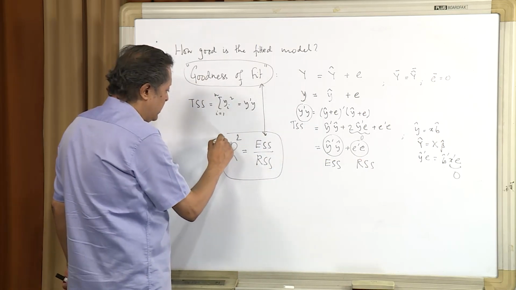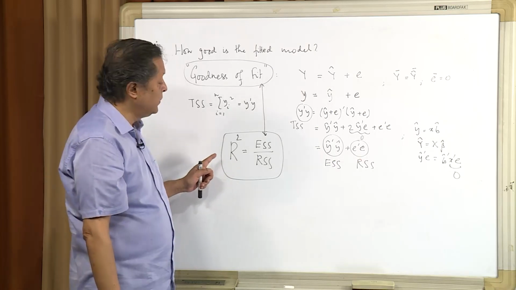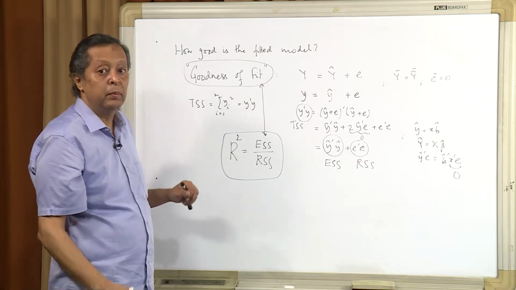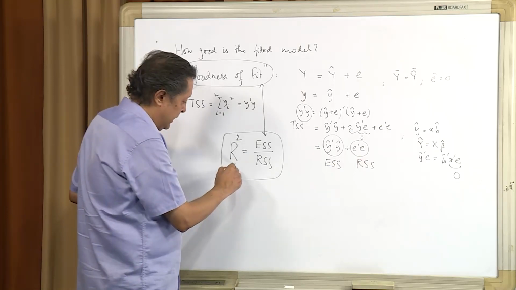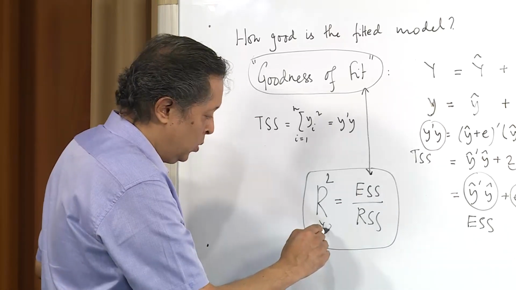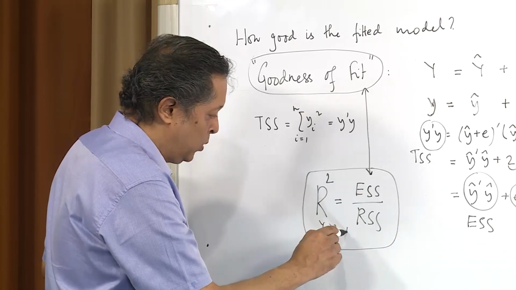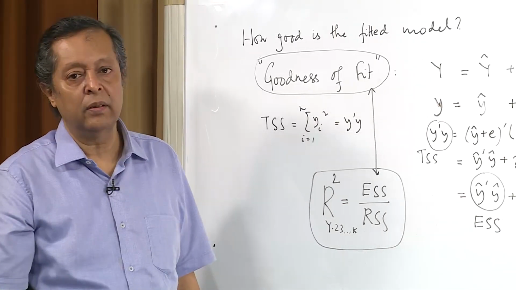What is this capital R square? It is the square of the multiple correlation between y on one hand and the entire set of variables x2, x3, x4, so R 2, 3 dot dot up to k. So, that is a measure of the goodness of fit of the model.